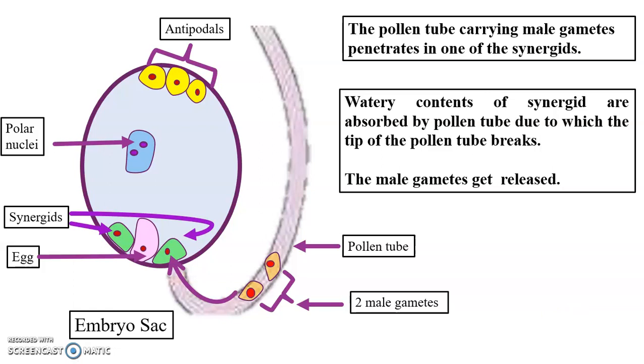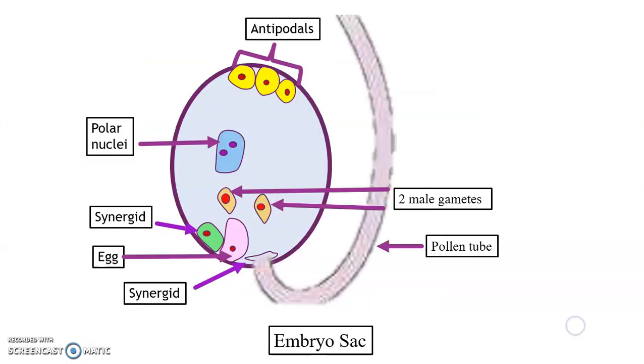The male gametes are released in the embryo sac. One male gamete fuses with the egg to produce a diploid zygote. This is called syngamy. The other male gamete fuses with the polar nuclei to form a triploid cell called primary endosperm nucleus, PEN. This is triple fusion.